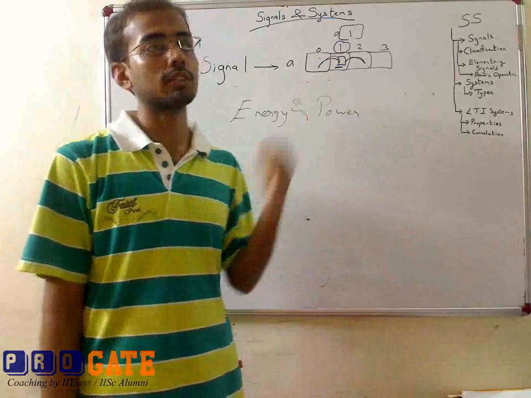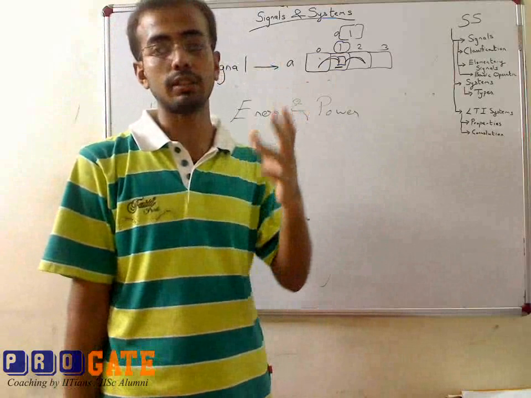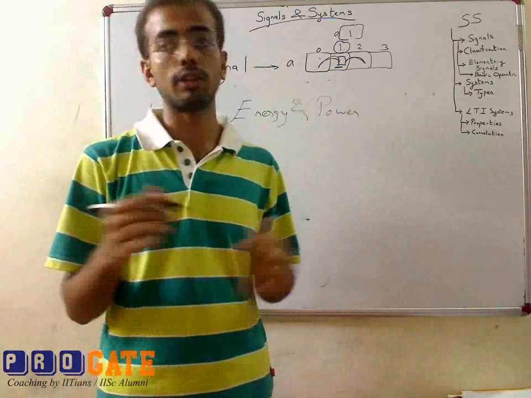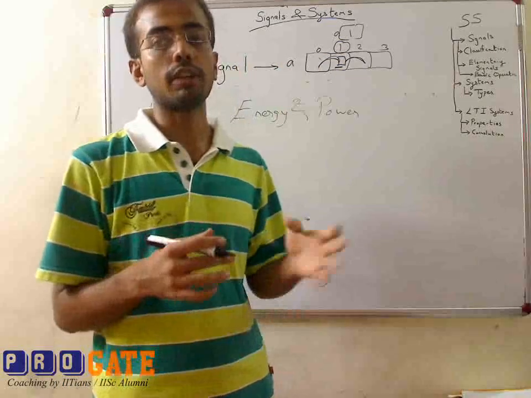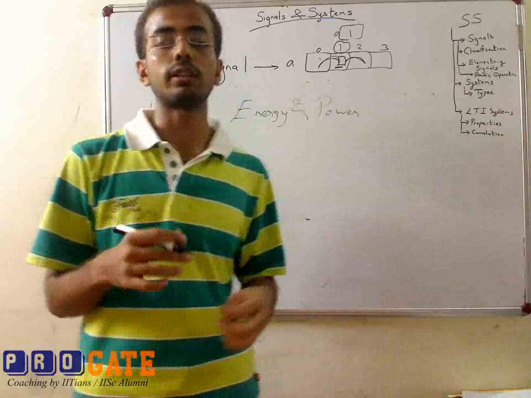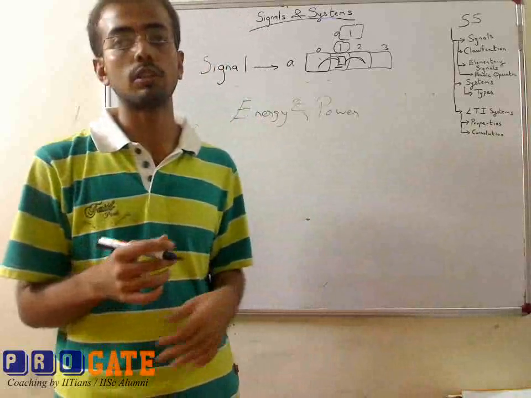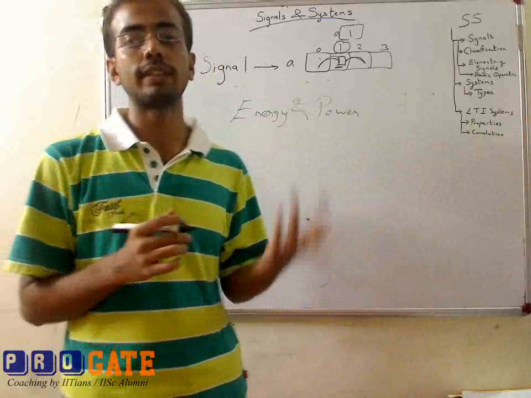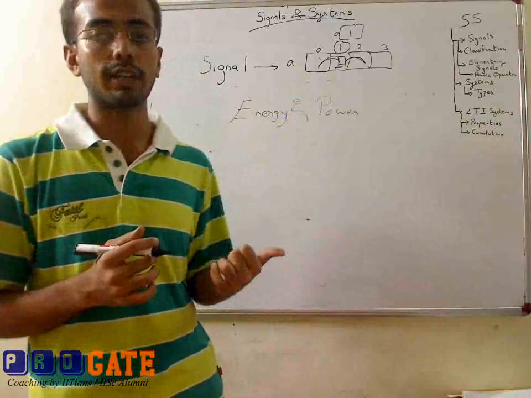Suppose I want to transmit some signal from my home to a far distance place. After some time, because of walls, trees, mountains, and whatever obstacles are in between, the amplitude or intensity will go on decreasing. Many times you experience this, especially in the basements of a building, where you don't get network because the thickness of the wall is enough to cancel the signal, or the intensity of the signal becomes so low that your cell phones cannot detect it.